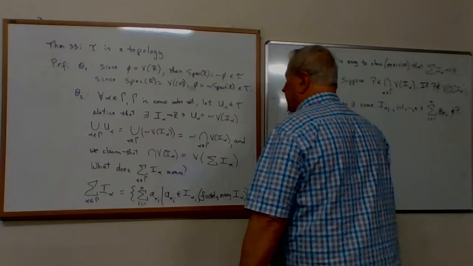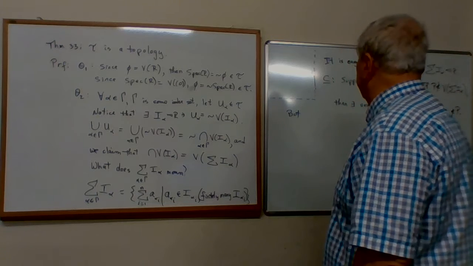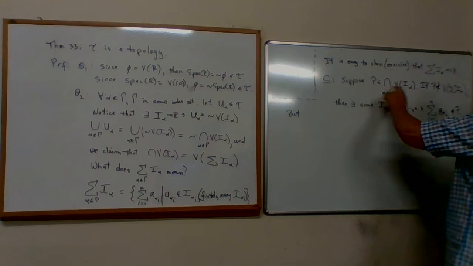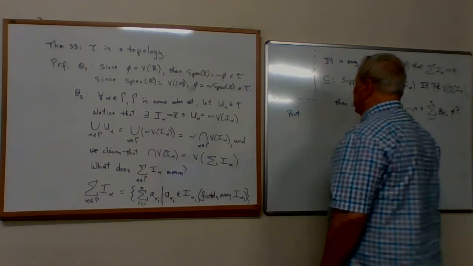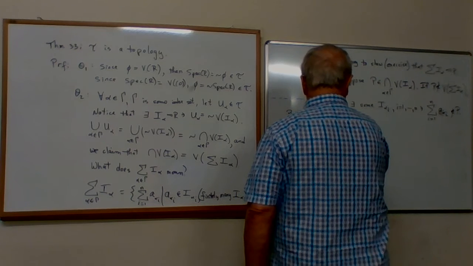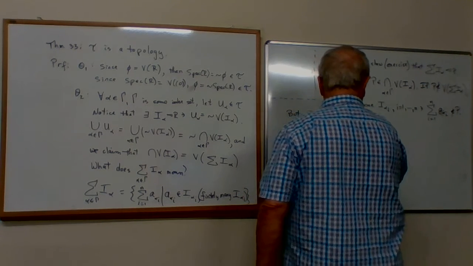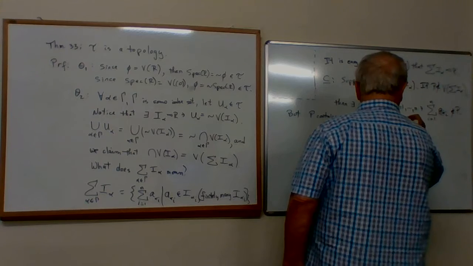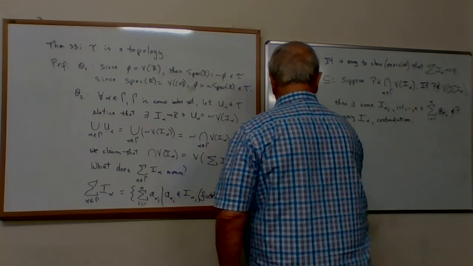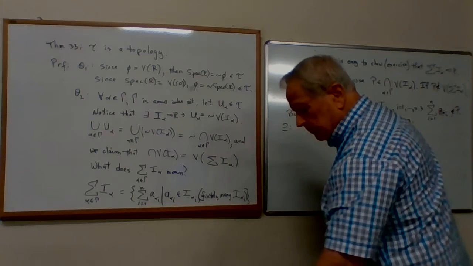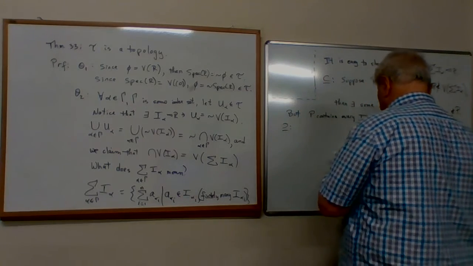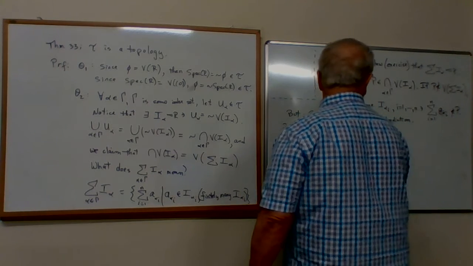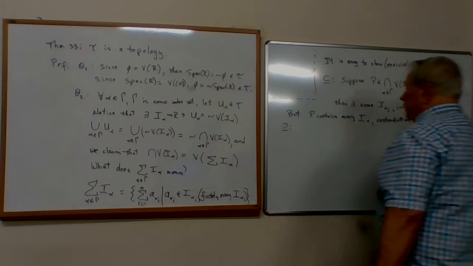But what's the problem with that? Well, P is in the intersection of all of those. So P contains every one of the I sub alphas. So that's a contradiction. Okay, let's go the other way. This was obvious.